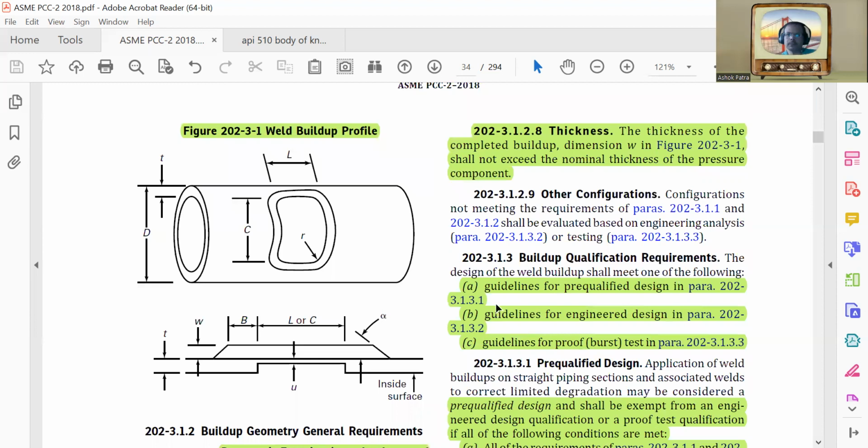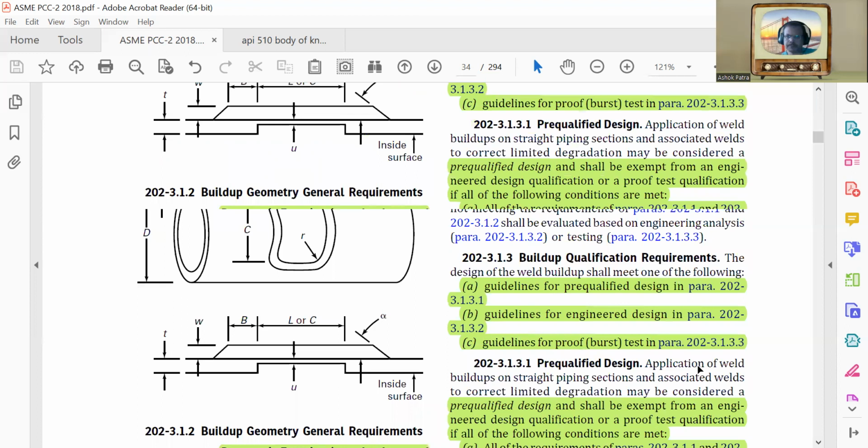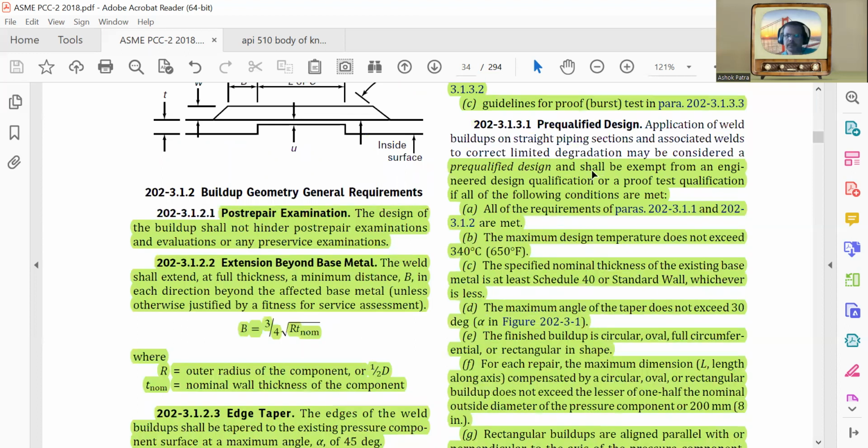Buildup qualification requirement guidelines: for pre-qualified design, paragraph 202-3.1.3.1; guidance, 3.3.2, guidelines for proof test; 202-3.1.3.3, pre-qualified design. A pre-qualified design shall be exempt from the engineering design qualification or a proof test qualification if all the following conditions are met.